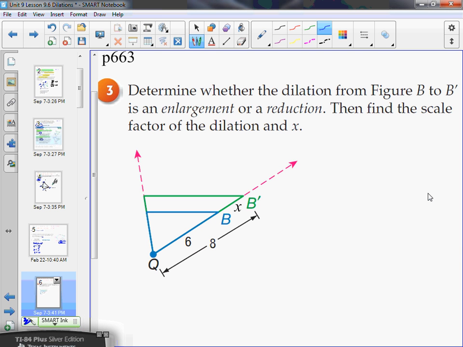Find x. Enlargement or reduction? Yeah, it's definitely an enlargement.